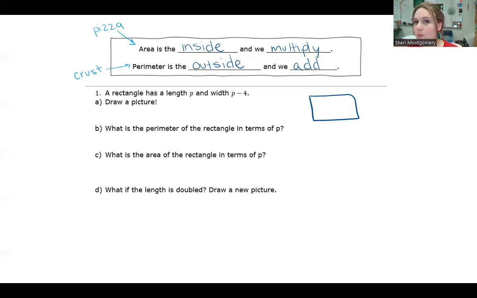And the thing that we need to know is that across it's going to be the same, right? That's really all that matters. We're going to label it. Doesn't matter where you put what. So we've got P, and then we have P minus 4, and we can label the other sides because we know that they're the same.